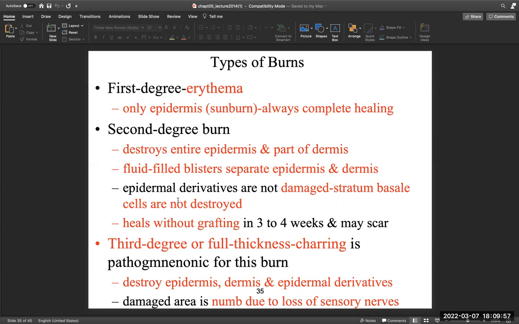So if you pop the blister with a needle, the needle going through the epidermis pushes a little bit of the epidermis into the area of the blister. Since you have bacterium lying on the epidermis, pushing that internally can seed that region with bacterium, and now you're more likely to get an infection because there are blood vessels in that area now.